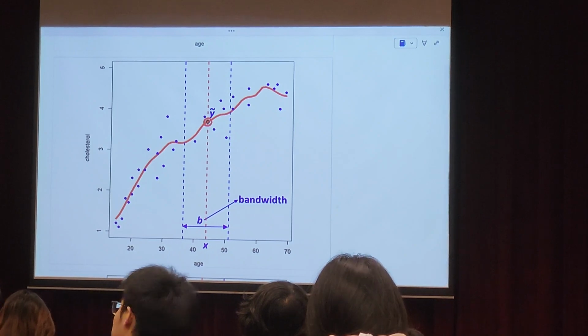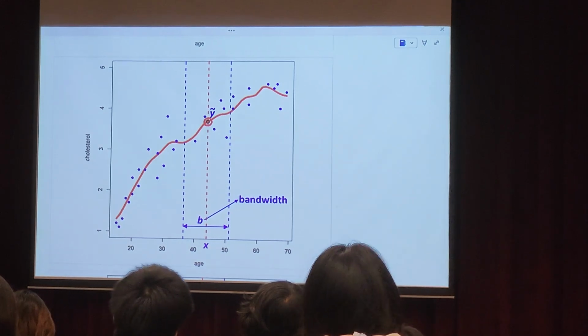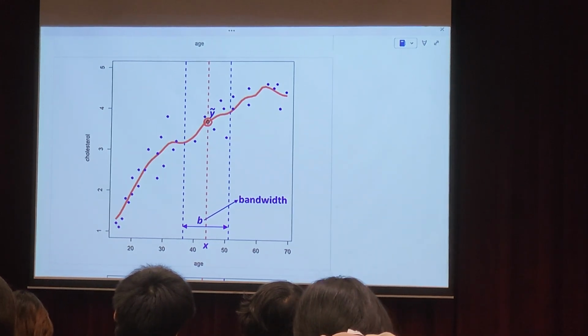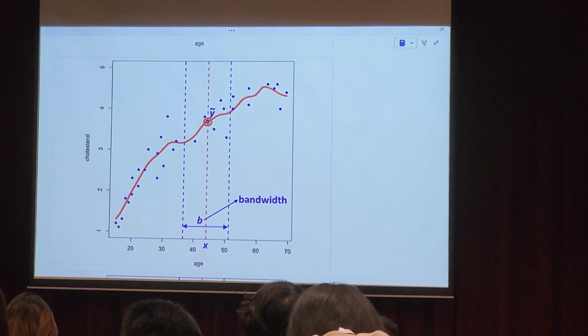If I know how to calculate this point, then I can calculate for another value of X, and so on. And then I join all these points together. That would be my non-parametric regression model.